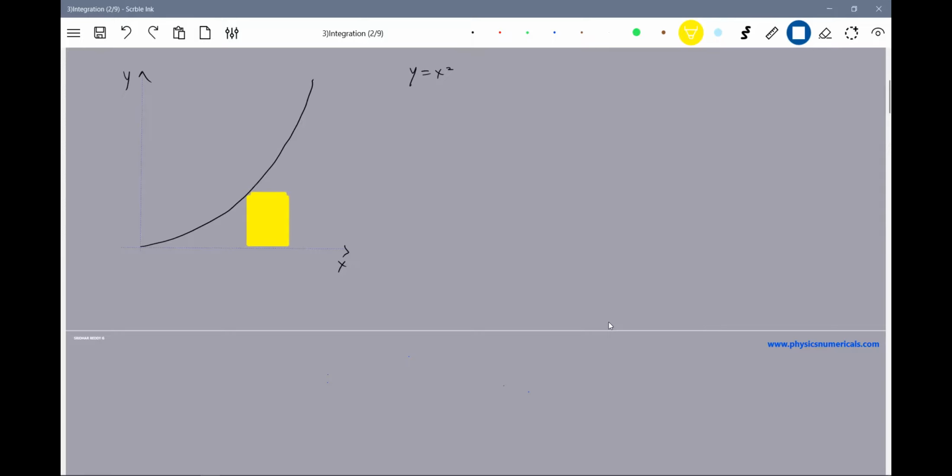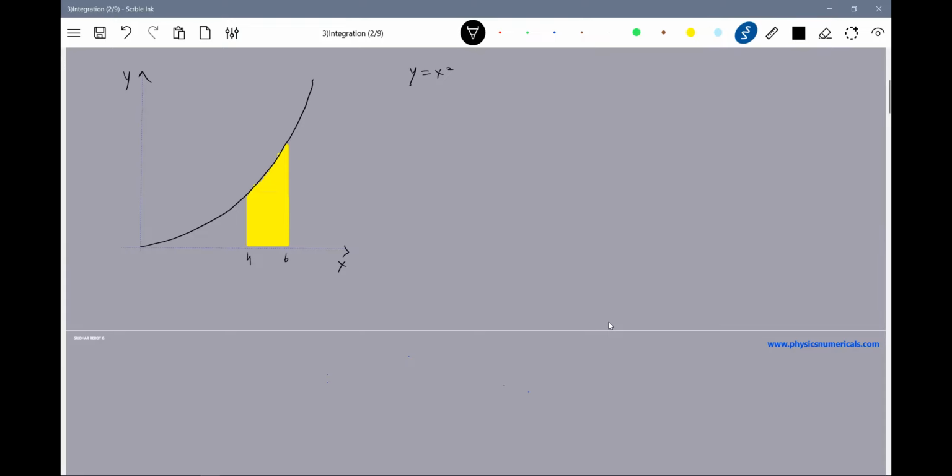Very difficult to draw diagrams. Okay, this is the area of the strip. So x is equal to 4, x equal to 6.